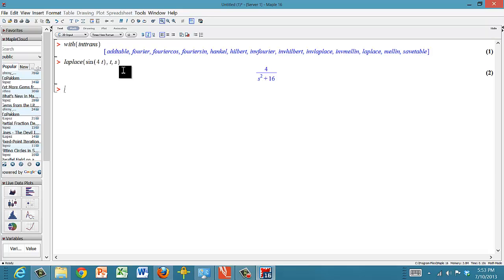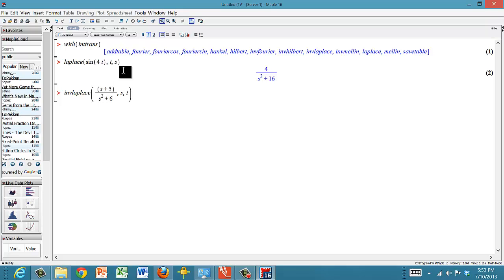Maple can also calculate inverse Laplace transforms for us. Suppose I want to know the inverse Laplace transform of, say, (s plus 5) over (s squared plus 6). We currently have a function of s.